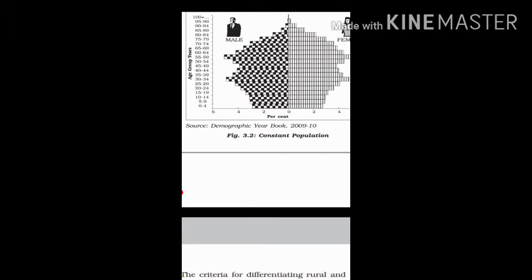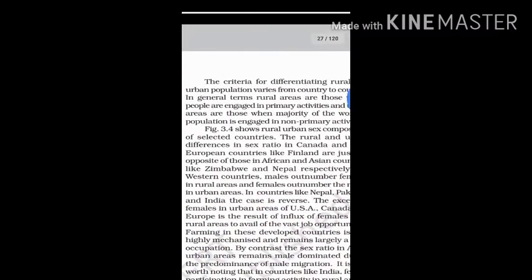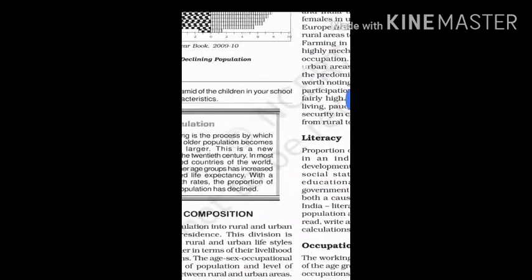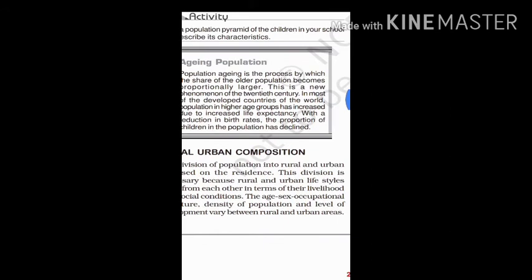As you can see in constant population, from 60 years, the population is quite larger. So here it is saying the same, that aging population is a process where the share of the older population becomes proportionally larger.